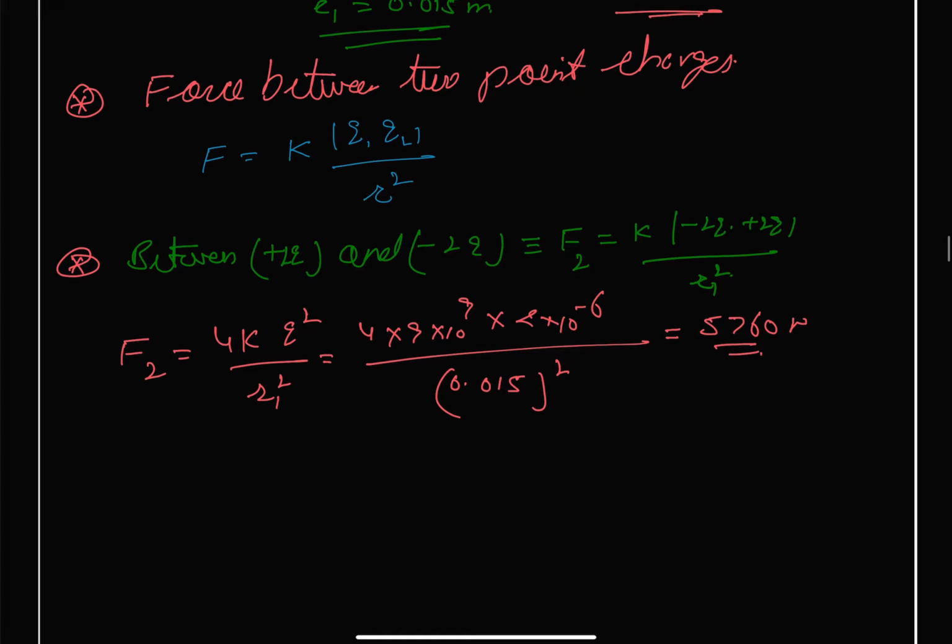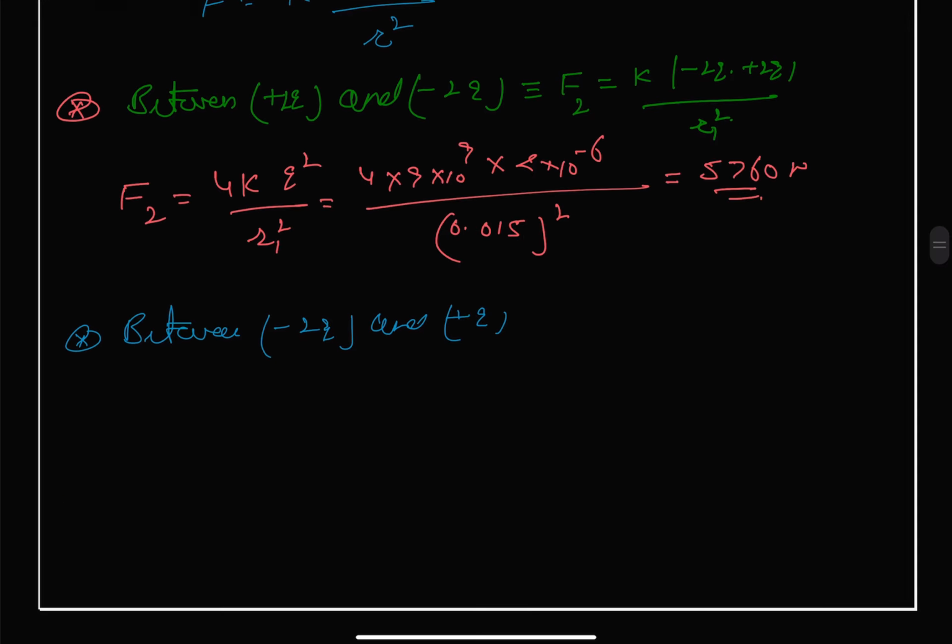Now we find out the force between minus 2Q and plus Q. So F1 will be equal to K times minus 2Q multiplied by plus Q divided by R2 square, and this comes as 2K Q square over R2 square.